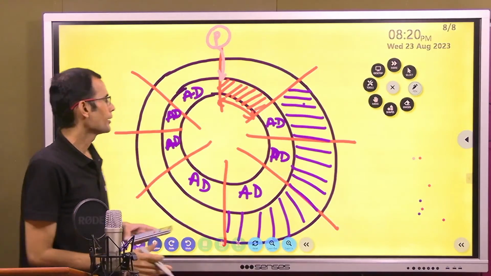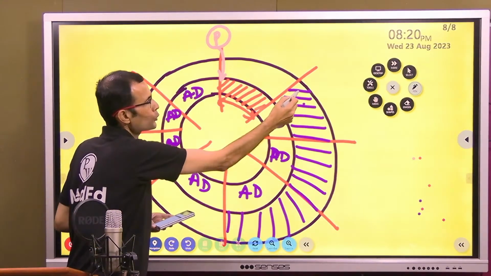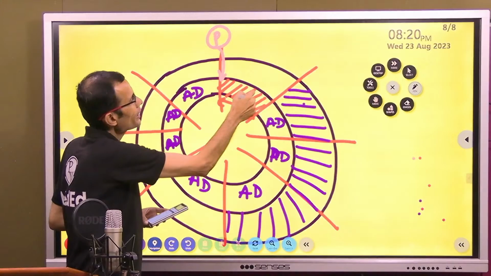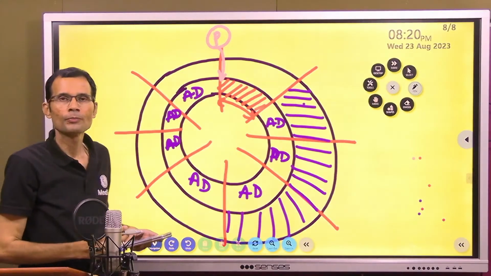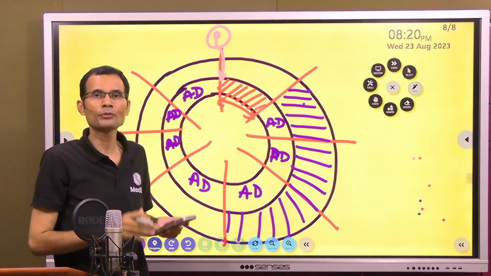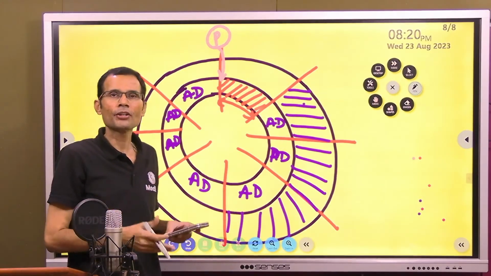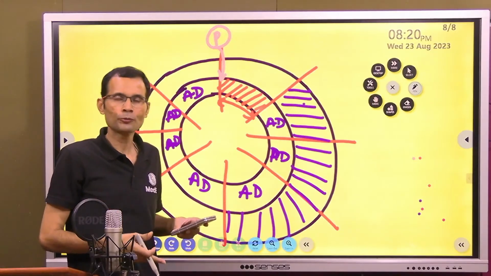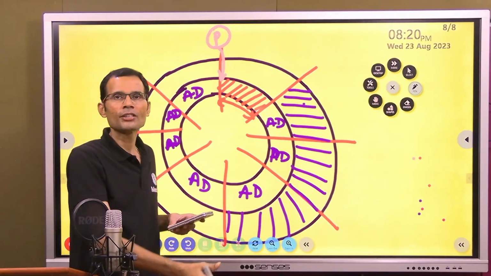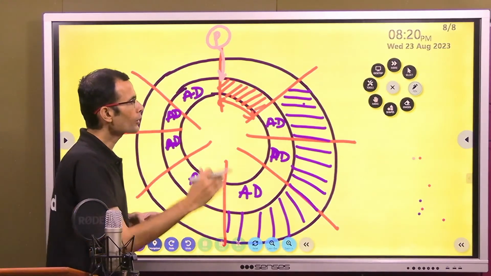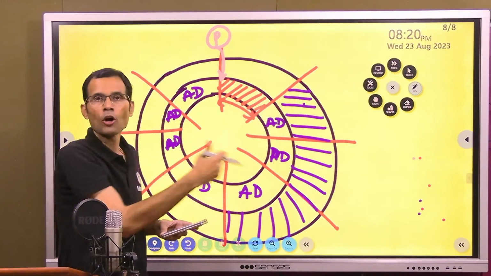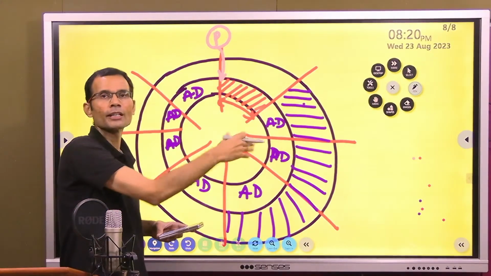Note one point. Ventricular systole has started at the end of the atrial systole. Why is that? It is because of the AV nodal delay. Because of the AV nodal delay, atria excite first and they contract first, and the impulse reaches the ventricles late. So ventricular contraction occurs after the atrial systole is over.